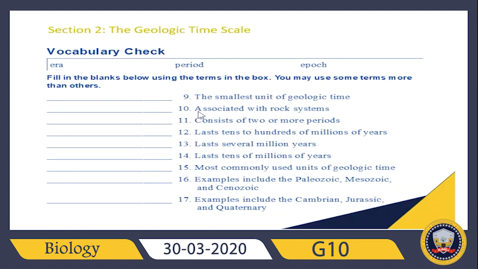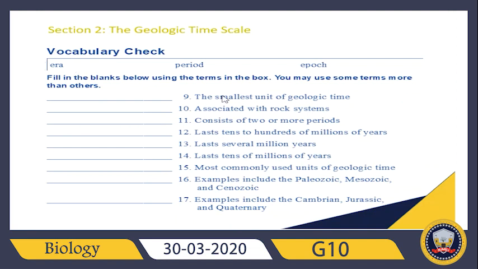Number 10, associated with rock system is what, guys? The period. Period is associated with rock system. And number 11, consists of 2 or more periods, and of course for 11 it will be era.